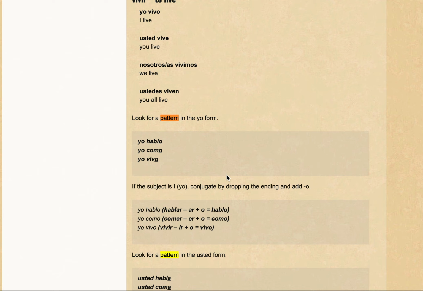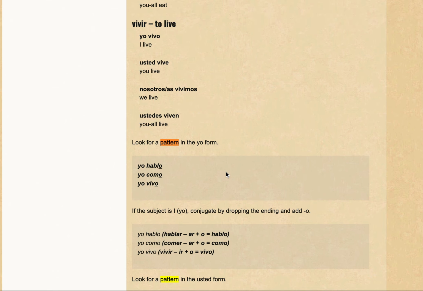For eating, or to eat, it's comer, and to live, this is right here on the screen, it is vivir, right? Vivir is to live.